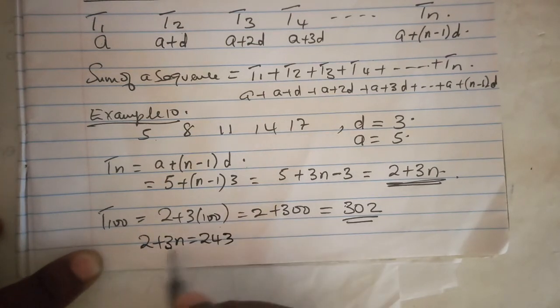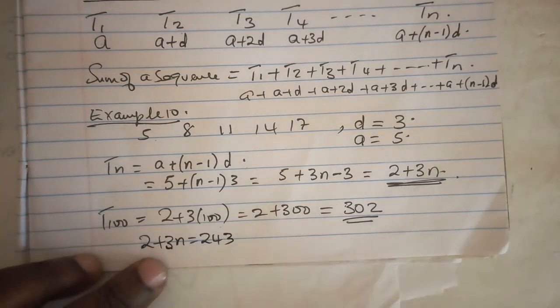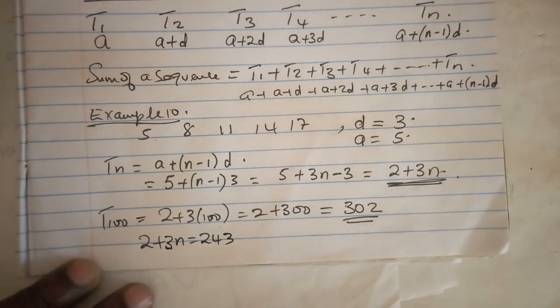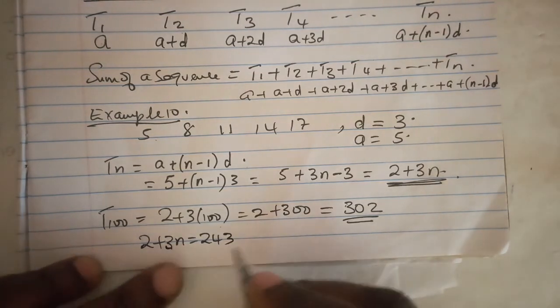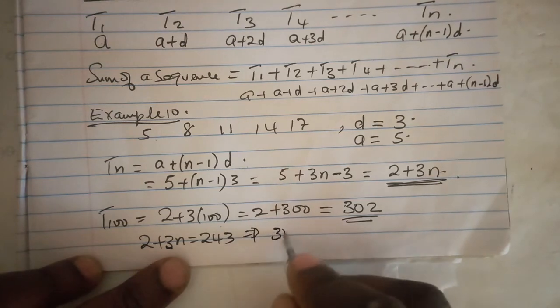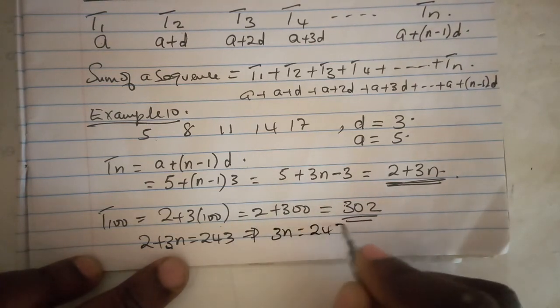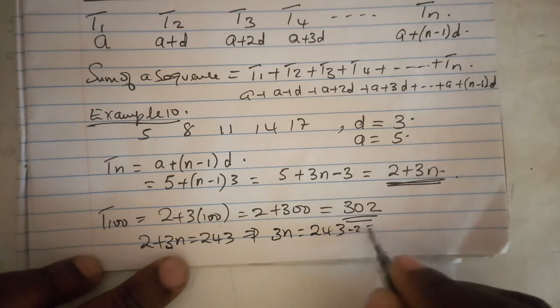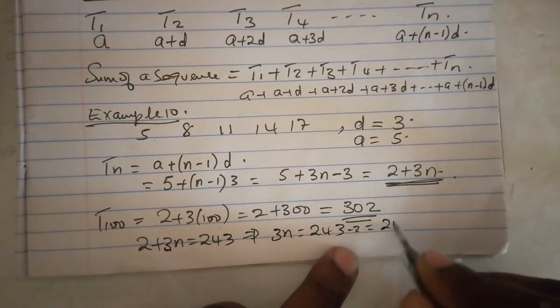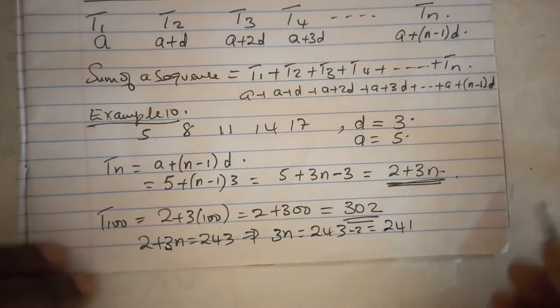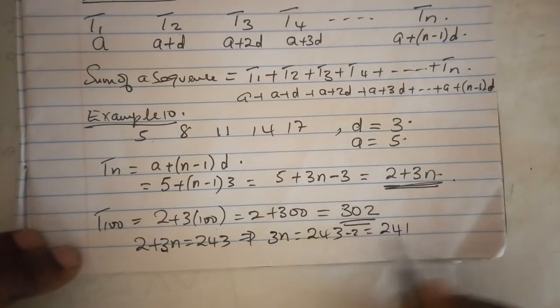And because n is a position, it has to be a whole number. Positions are 1, 2, 3, 4. So it goes without saying that 3n is 243 minus 2, which is 241.